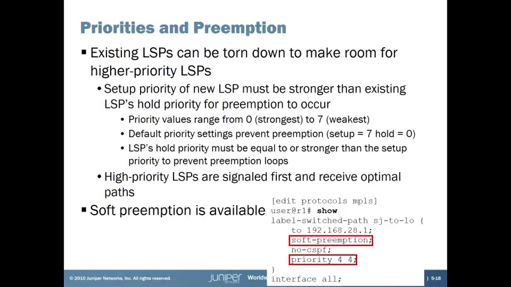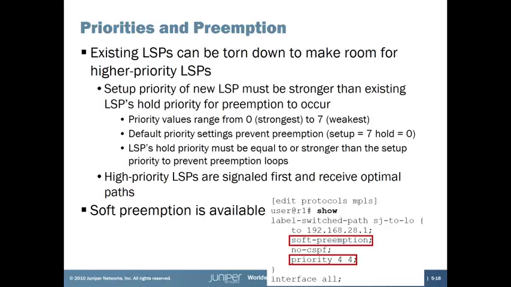So the LSP's hold priorities is one of the requirements when you are configuring priorities. The hold priority must be equal to or stronger than the setup priority to prevent preemption loops. Imagine if that wasn't the case. Imagine if the setup priority was higher than the hold priority.